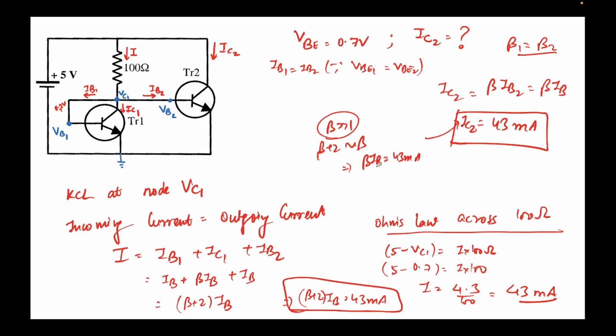Essentially, I'm saying that I can neglect base current as compared to the collector current, which is a safe assumption. Usually they provide beta, but if not, you can assume beta to be greater than 1.